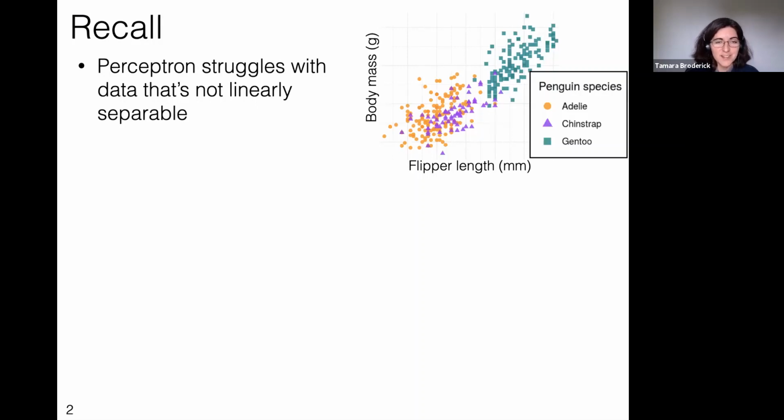For instance, we saw this example of some penguin data. Maybe we've collected data on the flipper length and body mass of penguins, and we'd like to classify the penguins into their different species. And we can immediately see that that's not linearly separable. We also saw some examples in the medical data that we were thinking about last time.